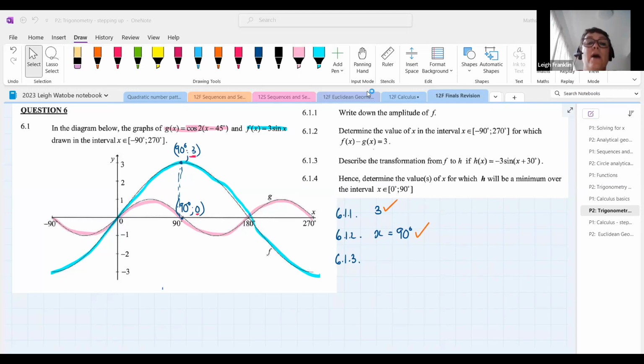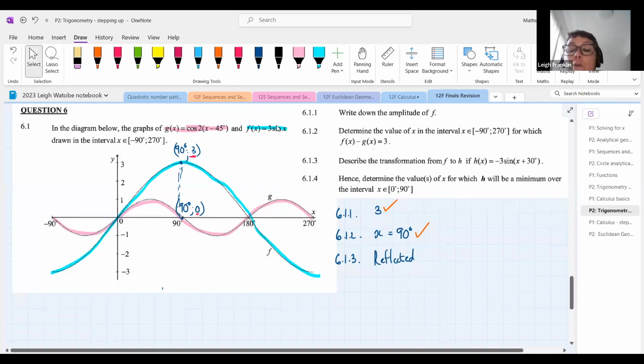Good, Lebogang, you're quite right. Yes. But Gugu, you're also correct, but there's also a horizontal shift that has taken place. If there is a horizontal shift that has taken place, make sure that you state by how many degrees and in which direction. So the rest of you that are maybe feeling a little bit shy, yeah, there we go. That's it, 100%. So we've gone from positive 3 to negative 3. So y has changed sign. So that means that we must have reflected the graph over the x-axis.